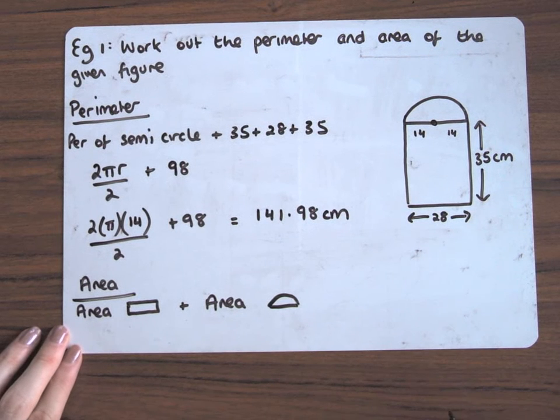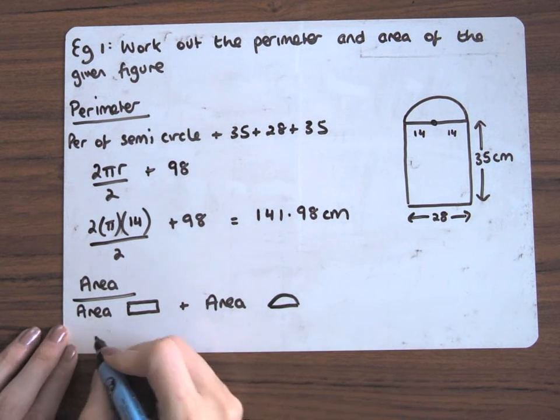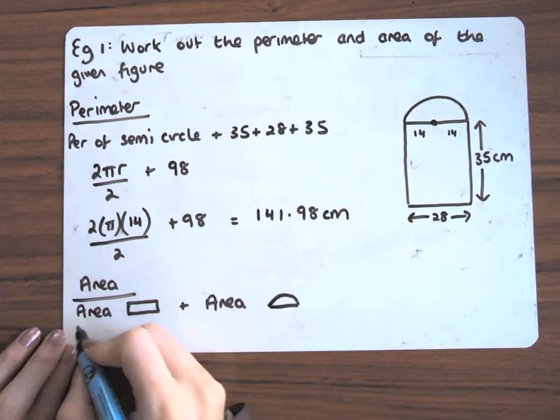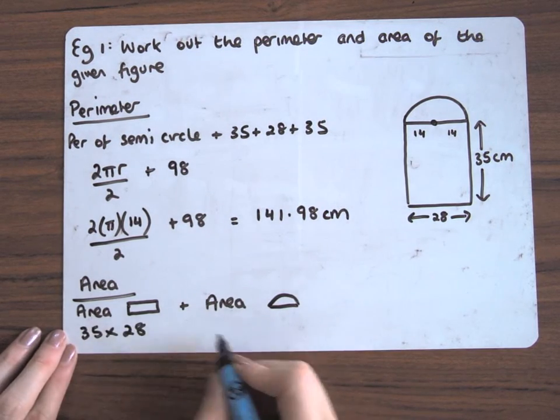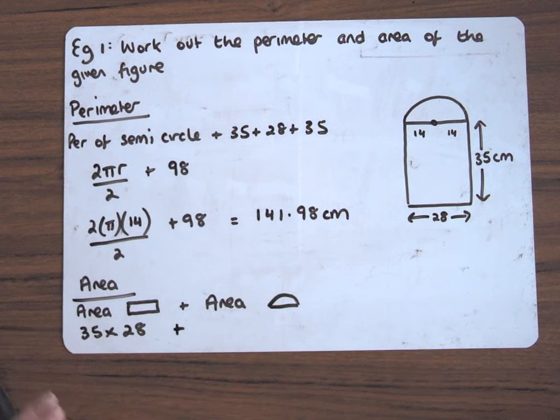So what's the area of the rectangle? How do I do that? 35 by 28. Okay, lovely. Hold on to that for me. What's the area of the semicircle? Yeah, what's area?